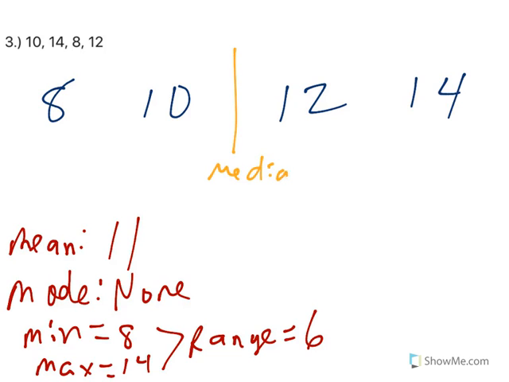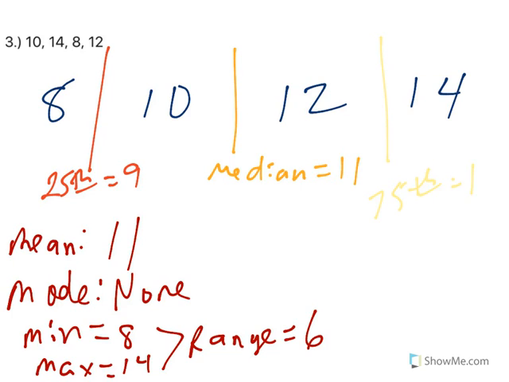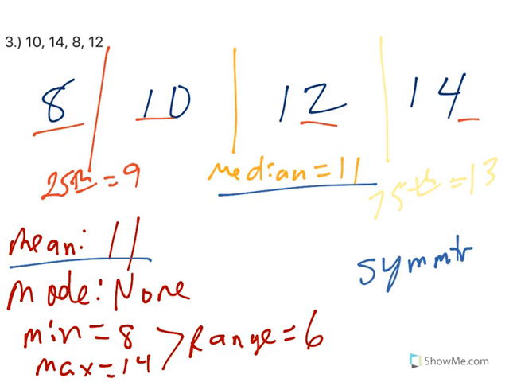My median is 11. My 25th percentile chops here. My 25th is 9. The 75th chops between here and is 13. Between vertical lines, you can see there is 1 data point between each side. Now, because the median and the mean are the same, this data is symmetric.